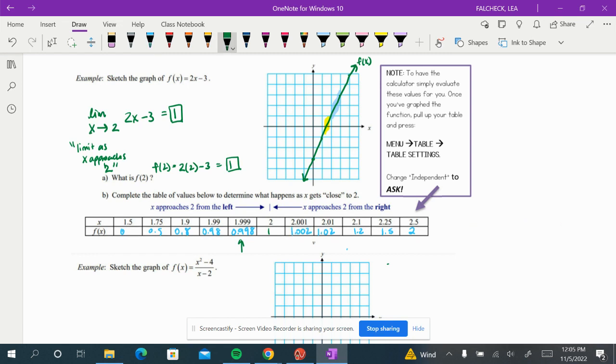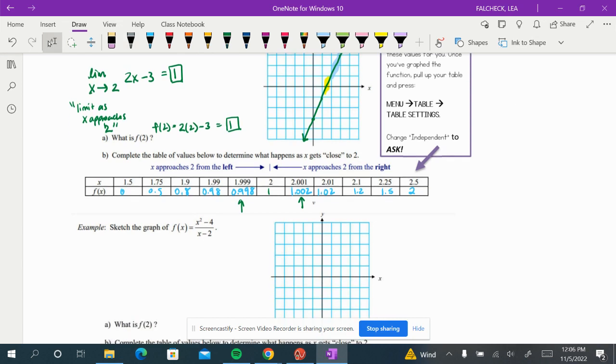So what y value is the function trying to get really close to as we approach 2 from the left and the right? The y value that it wants to achieve is 1.